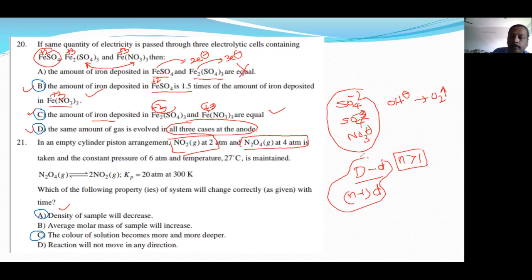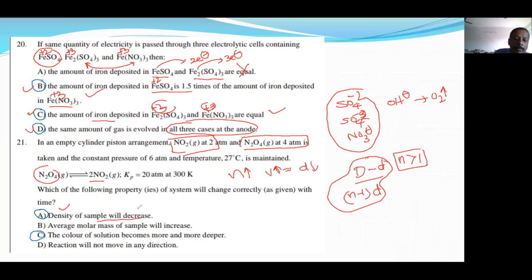If you go through that numerical already solved, this is not a numerical basically. It is a theory question based upon that numerical. So here density of the sample will decrease because moles are increasing. Moles increasing, temperature same, therefore volume will increase, but mass of the gas is the same, so density will decrease.